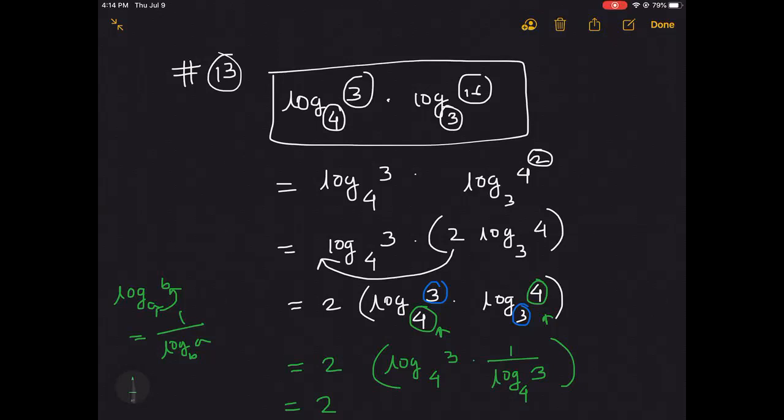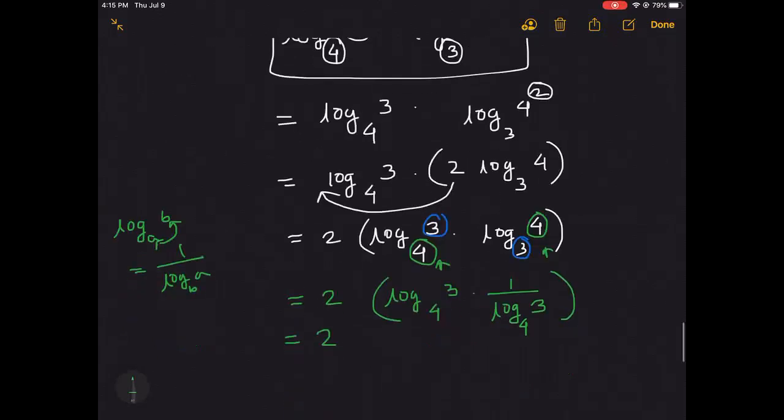Okay, so number 17. First of all, what's the domain of that? Can you tell me what's the domain of an exponential function like that?